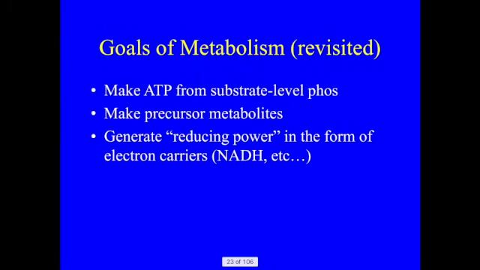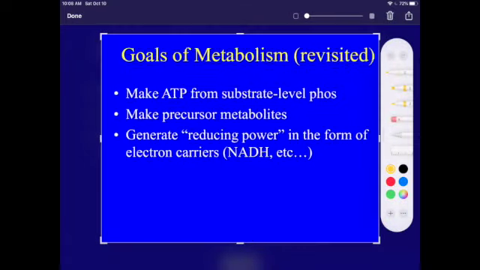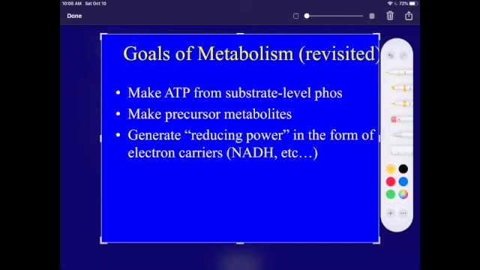Okay, so the goals of metabolism: make ATP from substrate level phosphorylation, make some precursor metabolites, but also generate a bunch of reducing power in the form of NADH and FADH2, so that you can use these for respiration.